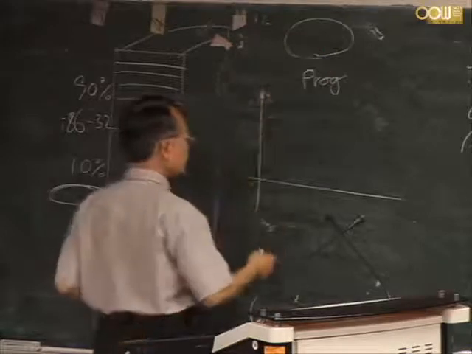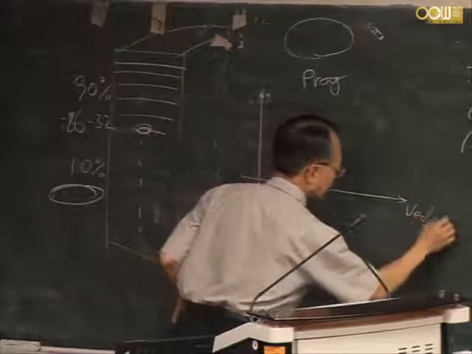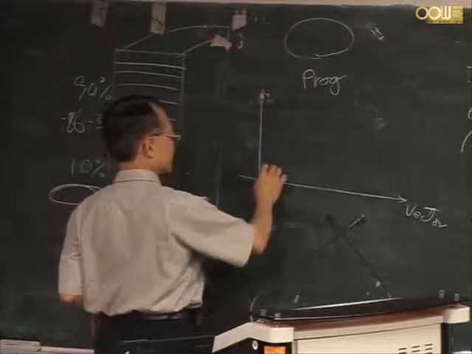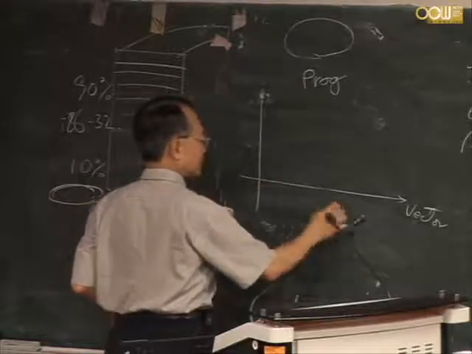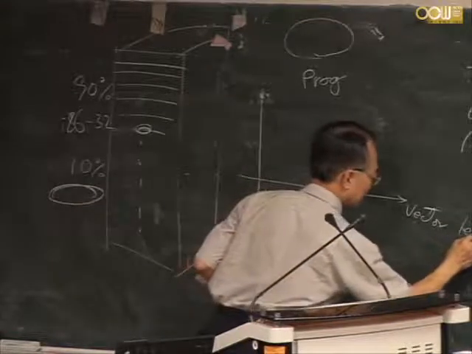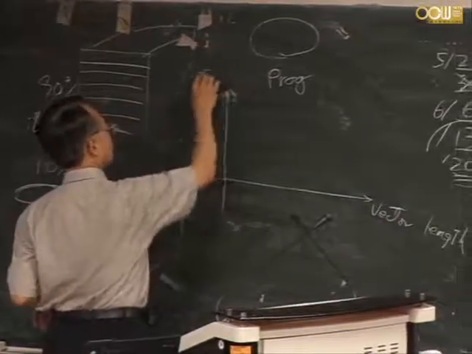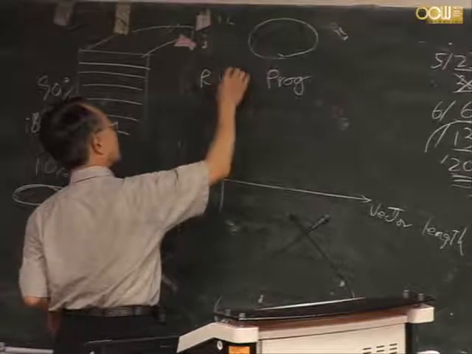If you run it in vector mode, the vector length could vary, and this is the ratio of vector over scalar.